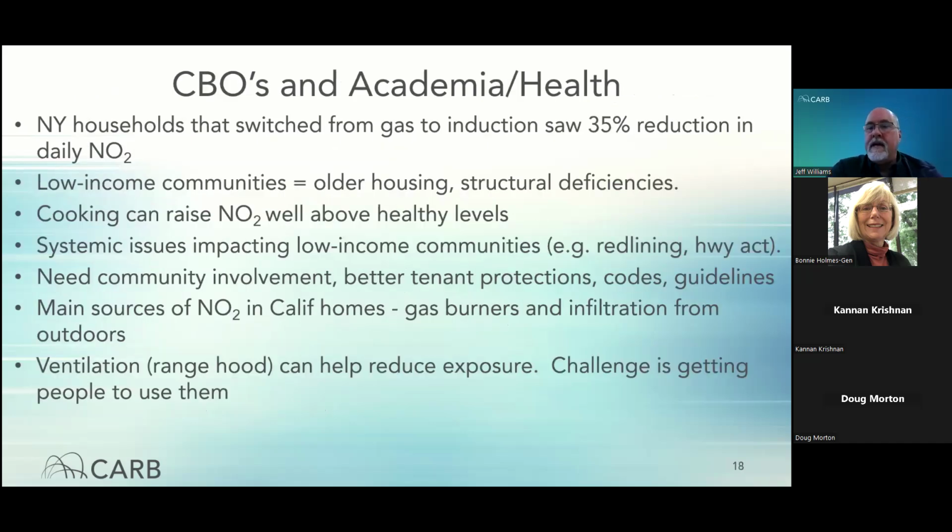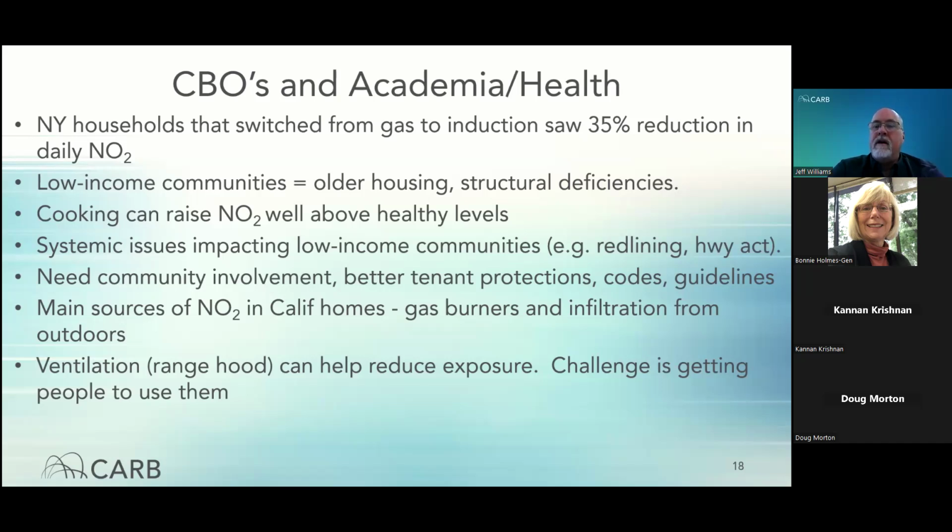In the second half of our workshop, we heard from our invited community organizations and experts from the health field and academia about the impacts of indoor air quality in environmental justice communities. Our first speaker from the community group discussed their first-of-a-kind pilot study of indoor air quality in New York City. Indoor air was monitored in 20 apartments where half used gas stoves and the other half were switched to induction cooking.